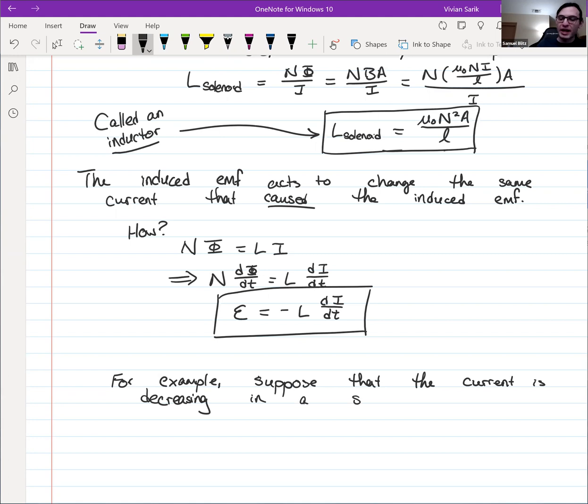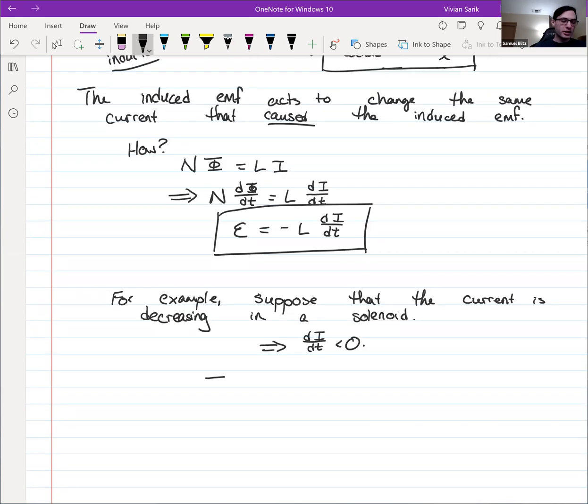Something is happening outside the solenoid that's causing the current through the solenoid to decrease. That means the rate of change of the current is negative, and so that would tell us that the induced EMF in the solenoid is positive.